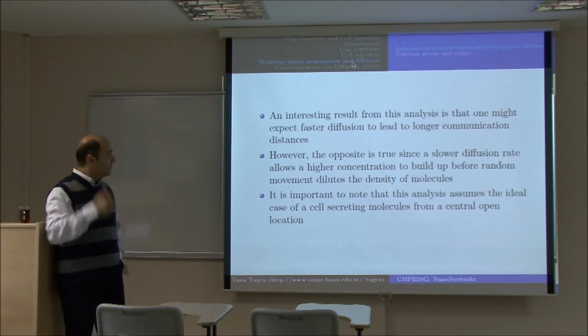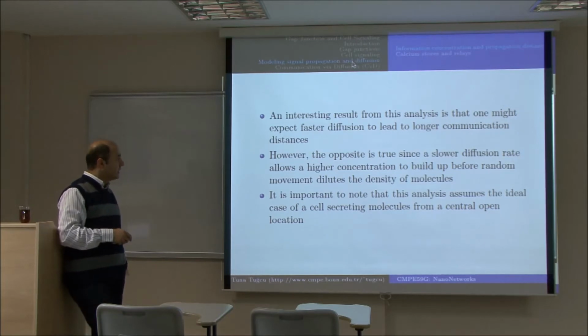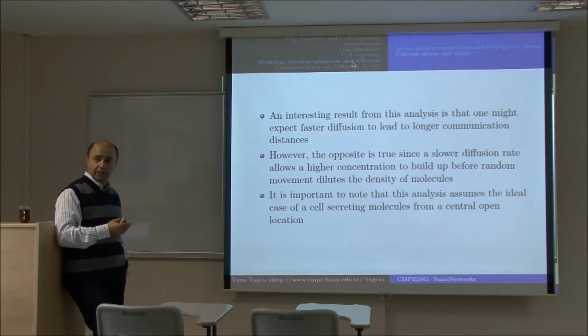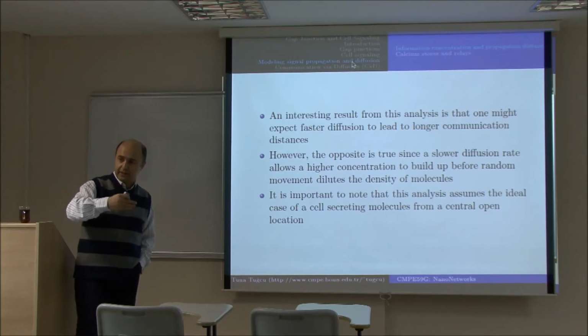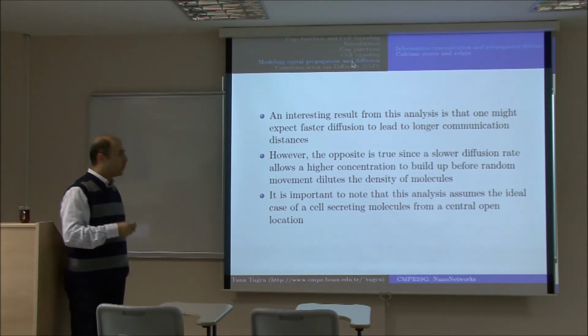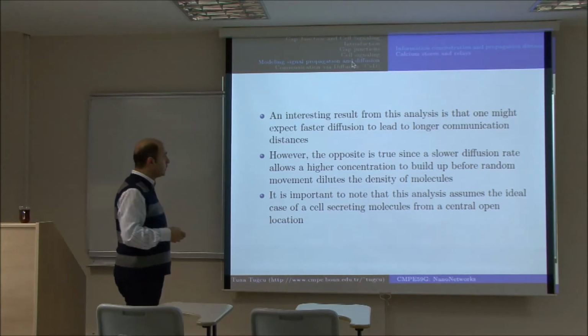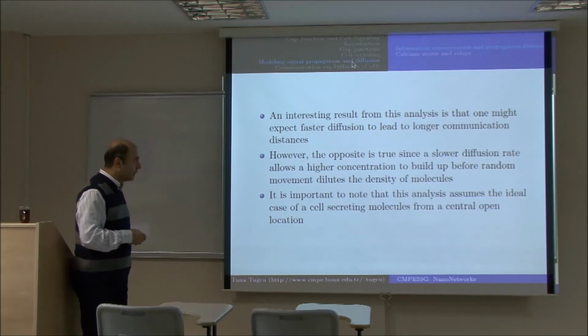Now, an interesting result from this analysis is that typically you would expect that if the diffusion gets faster, the molecules will diffuse towards the destination in a faster manner, so it will work better for longer distances. However, it actually works the other way around.